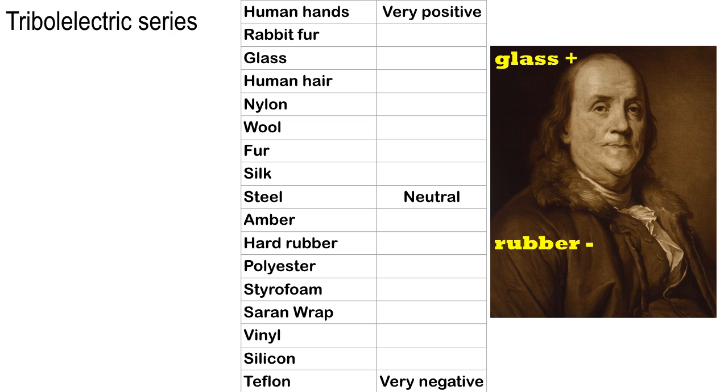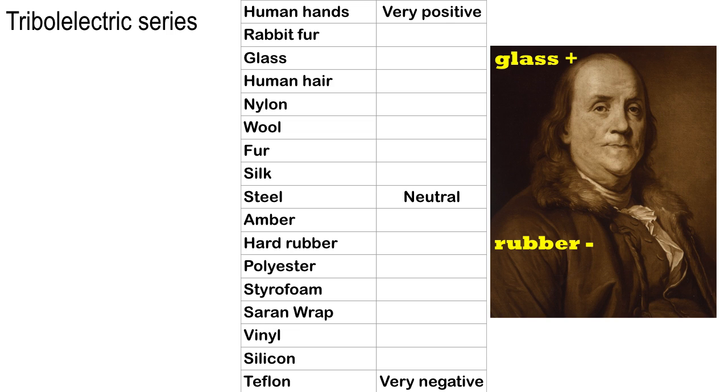Now there's no numerical rating system that I know of for triboelectricity, so they just have a relative ranking. It's not something that we design machines around, but it is interesting to know. And Benjamin Franklin is the one that first made a hard decision based on this triboelectric effect.